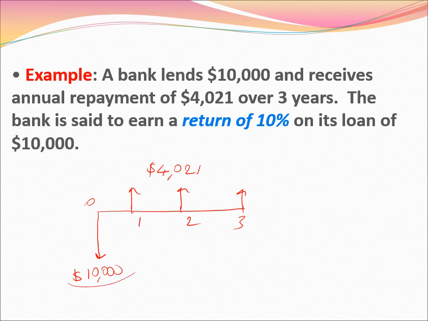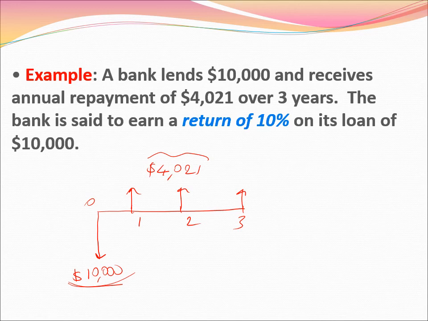Of course, banks lend money in order to earn, in order to make a profit. So from the perspective of a bank, this is an investment. It makes some initial investment and then it earns some revenue, and at the end, the bank wants some earnings, some return.